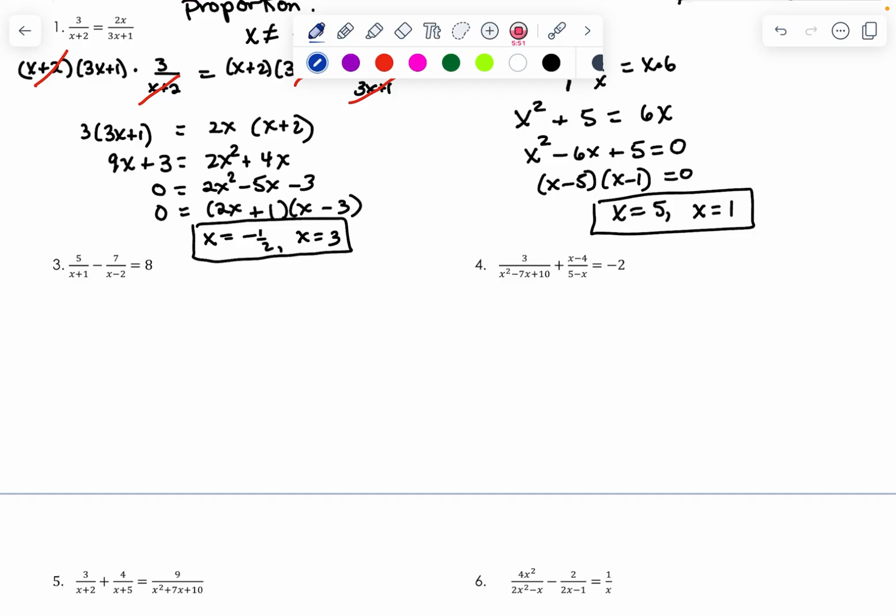All right, so now I'm going to look at my denominators. X cannot be -1 or 2. My LCD is x plus 1, x minus 2. So what I'm going to do, and I personally don't write this out, but because this is my introduction, I'm going to go ahead and show it.